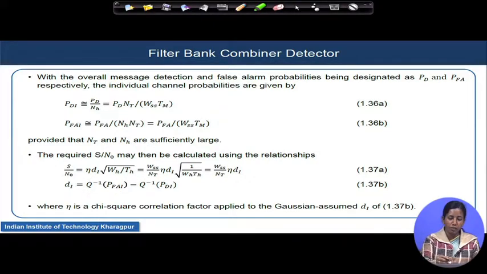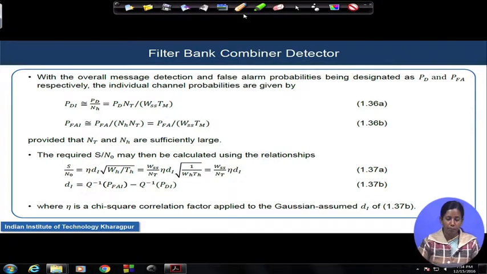We have the overall message detection and overall false alarm probabilities, designated PD and PFA, and then the individual channel detection probability and individual channel false alarm probability for this detector. The independent channel detection probability can be approximately given in terms of the total detection probability and the number of hops, and it can be explained like this, and the independent false alarm probability comes approximately as given by 1.36b.